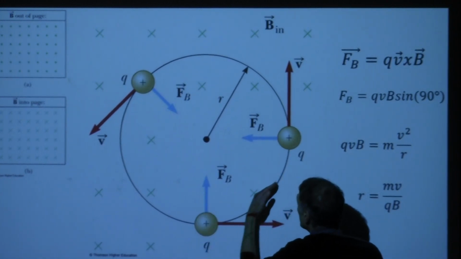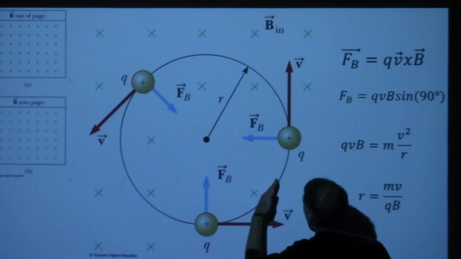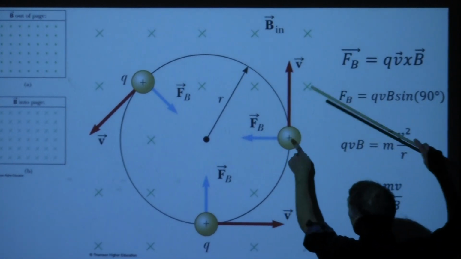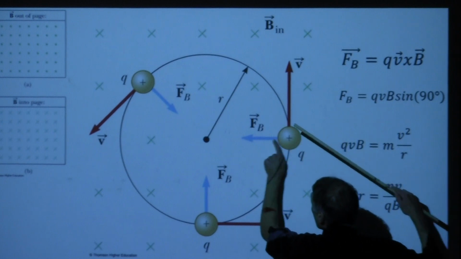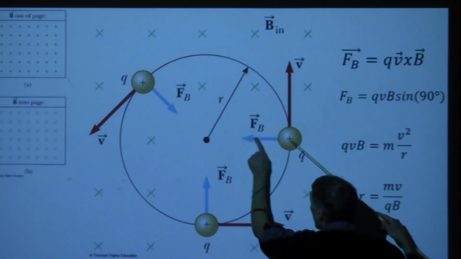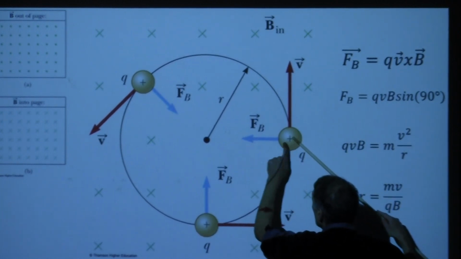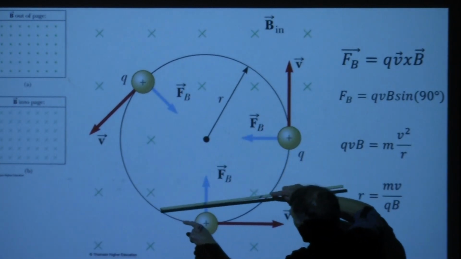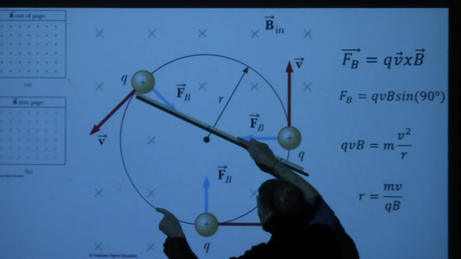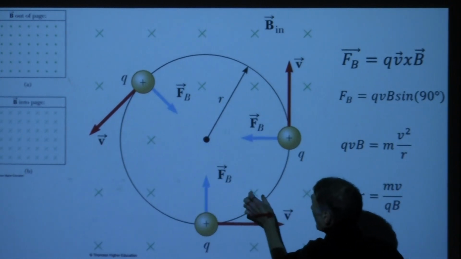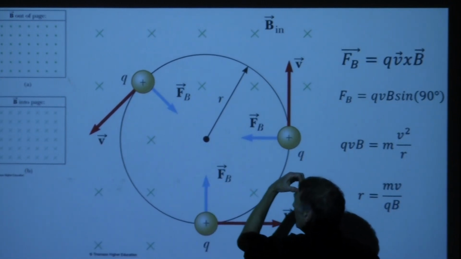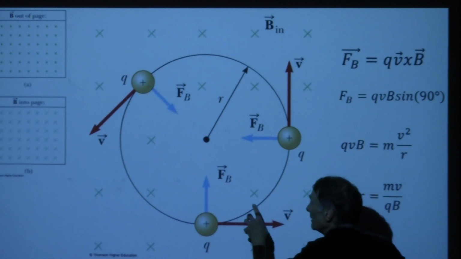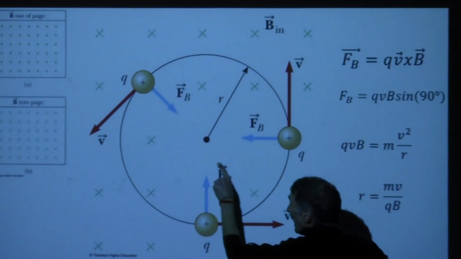That's going to cause it to bend this way, and it's going to come around, still traveling at the same speed. The force will still have the same magnitude, and we can play this game along the entire path. By symmetry, we can also argue that this is going to be a circular path. Again, the particle doesn't speed up or slow down.